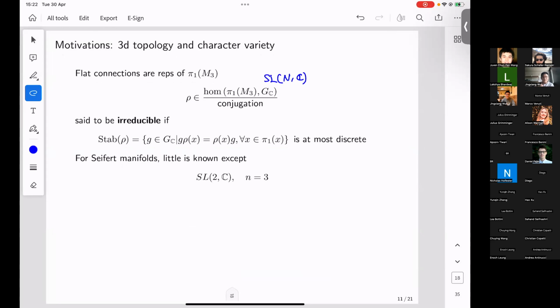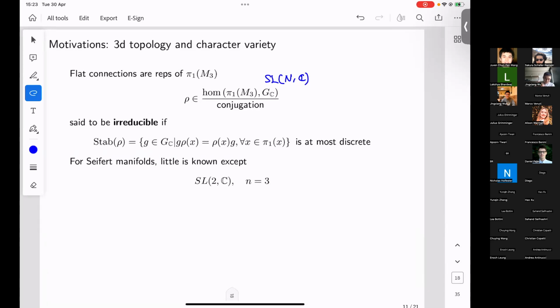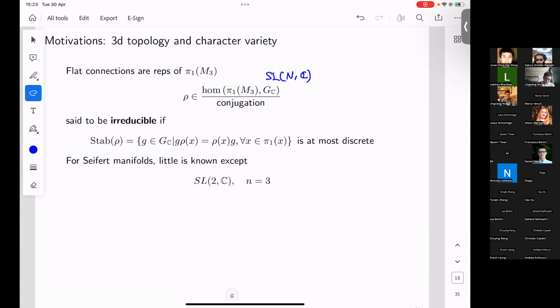A particular type of flat connection that's interesting is called irreducible. That's the one that has a discrete stabilizer group. Roughly speaking, a very easy way to understand this irreducible condition is that I want the image of my rho to be spread out inside GC.